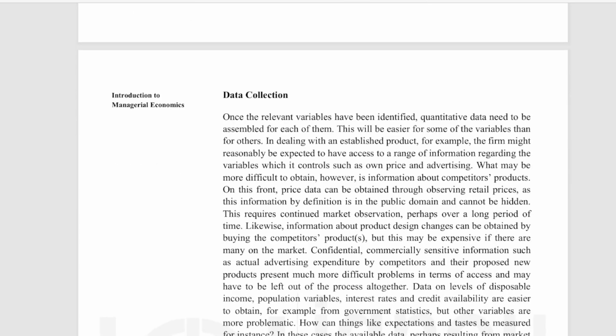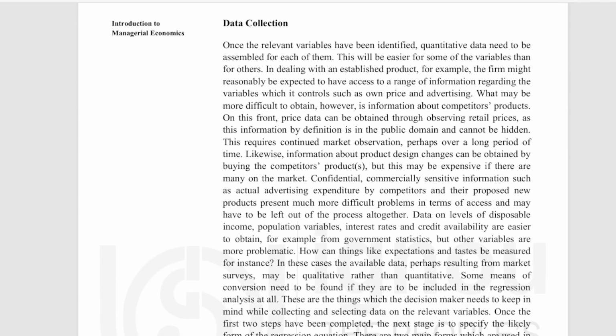Once the relevant variables have been identified, the quantitative data need to be assembled for each of them, and this will be easier for some of the variables than others. In dealing with an established product, for example, the firm might reasonably be expected to have access to a range of information regarding the variables which it controls, such as price and advertising.